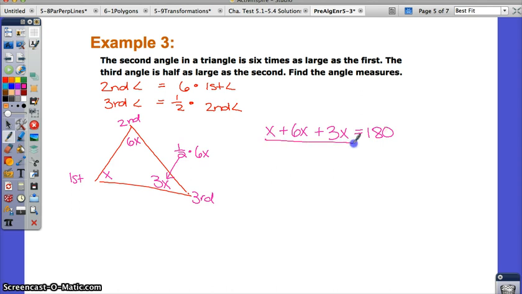All three of these are x terms, so combine your like terms. 1x plus 6x plus 3x. This should look familiar. So x is 18. Am I done? Is that all I needed to find? Not quite. You need to find the angle measure, so you're going to have to plug it back in now. 18 is the first angle.